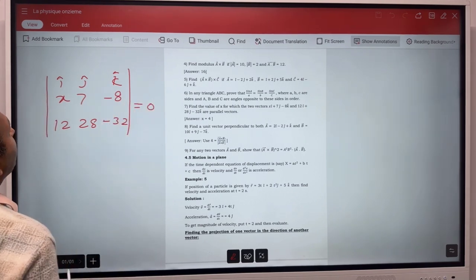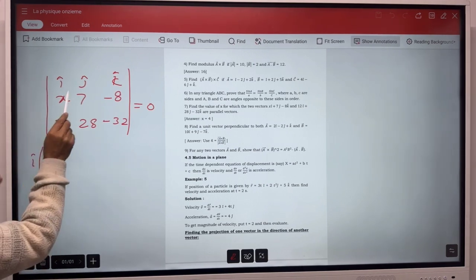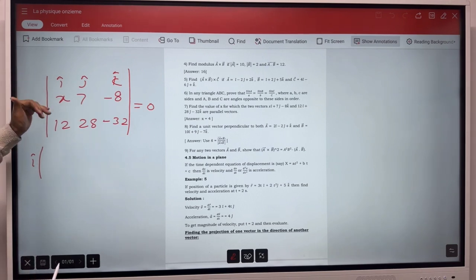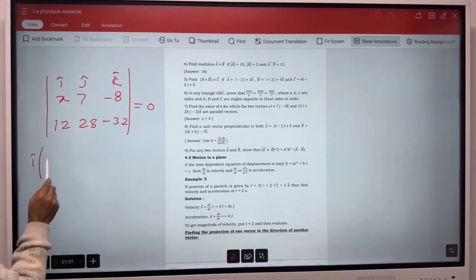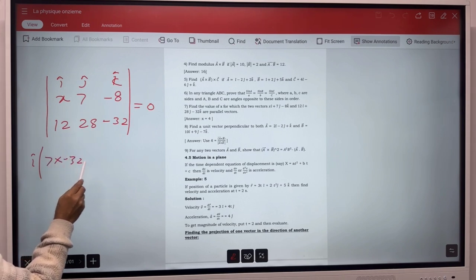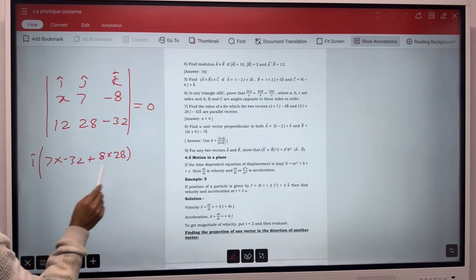Equal to 0. So coefficients of i, j, k will separately be 0. If you take i cap outside, then you evaluate. What do we get? Here you can leave. So multiplication of these two will be 0. 7 into minus 32 plus 8 into 28 will give 0.